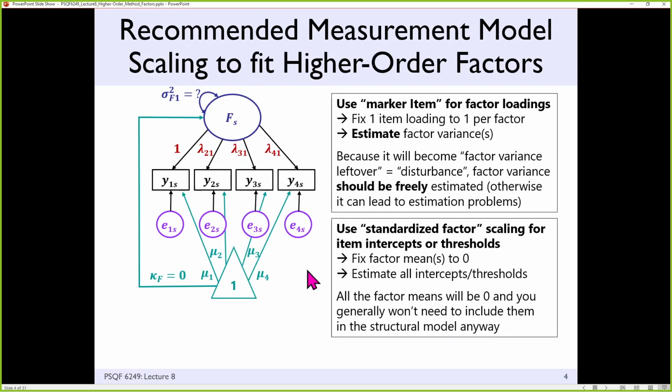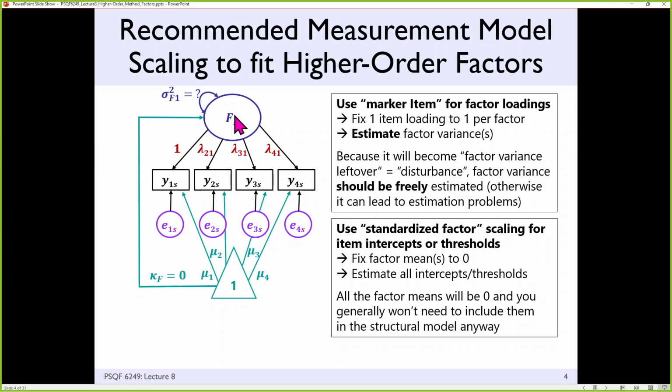So to start this process, we have to change the way that we identify the lower order factor models. In your homework 3 and homework 5, I had deliberately asked you to identify your models so that the factor means are all 0 and variances are 1. That way you know that a loading corresponds to a change of a standard deviation, and your factor response plots are nice and easy because plus or minus 3 standard deviations is a reasonable range.